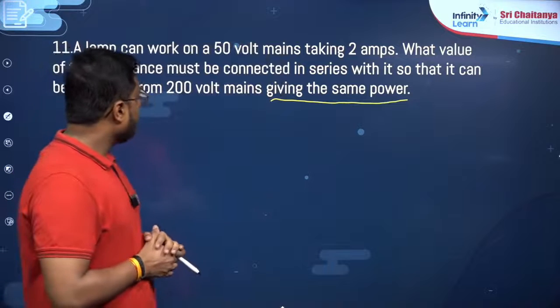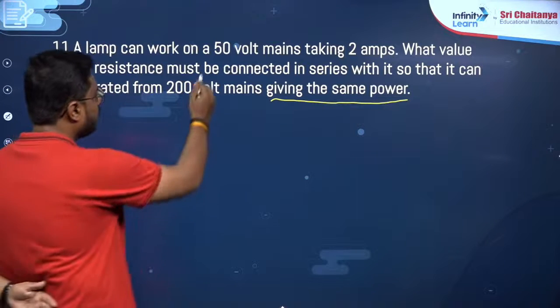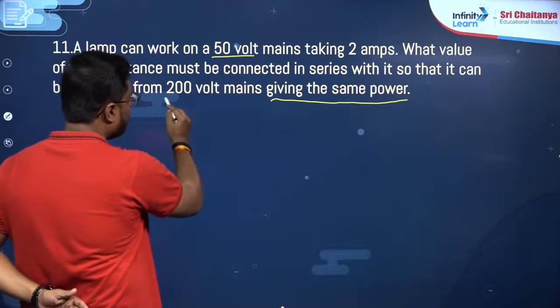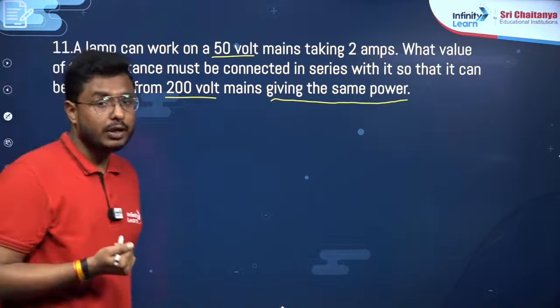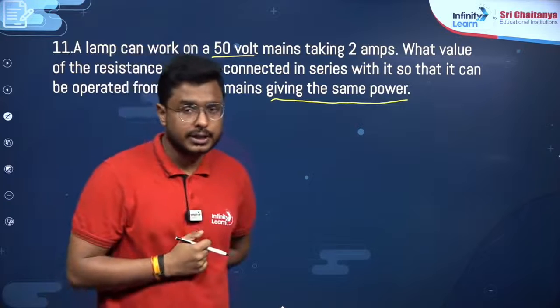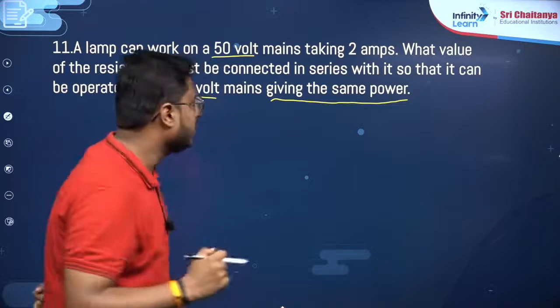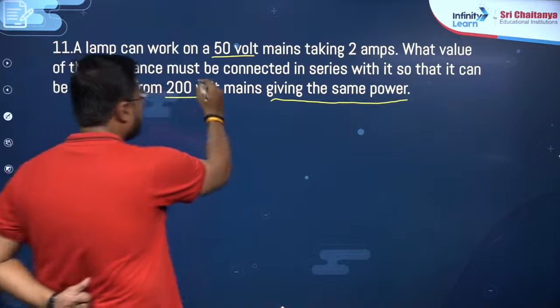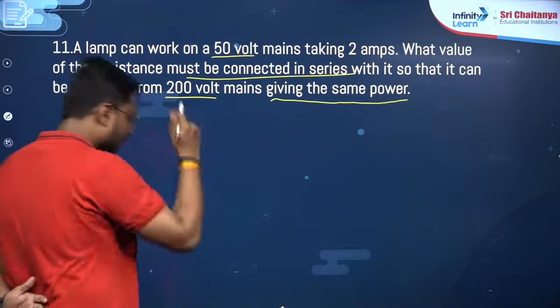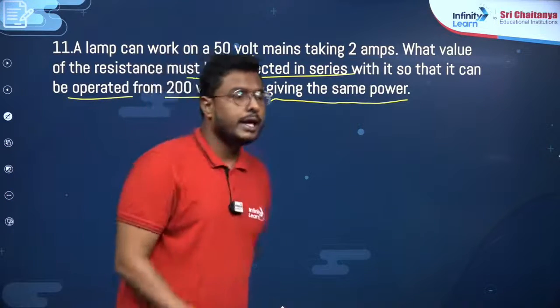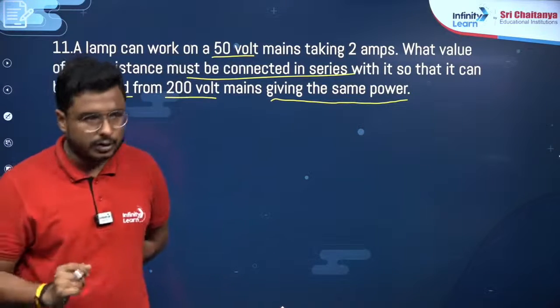So basically what is getting changed here, this is 50 volt, now it is 200 volt. So definitely if you want the same power, you need to add the resistance there, and they are asking what value of the resistance must be connected in series. Now think about it, I already gave you the hint, easy question.